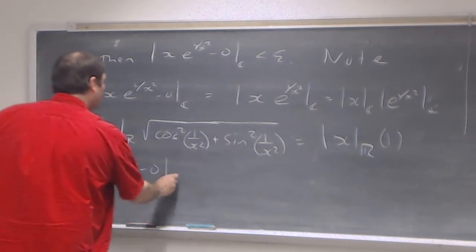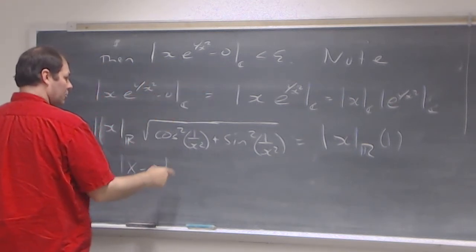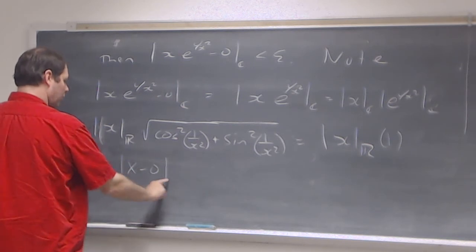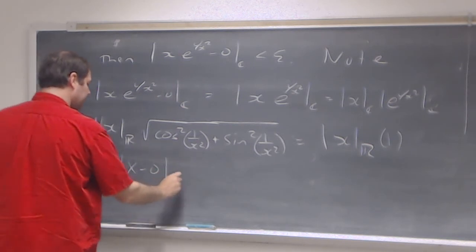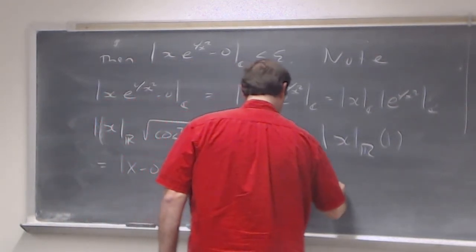And so what we have is this quantity that we want to be making less than epsilon. We know that it's less than this quantity, and this is the quantity we can control. So we let delta be equal to epsilon.